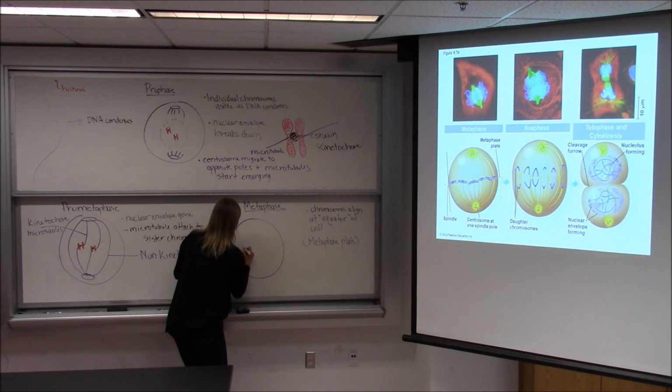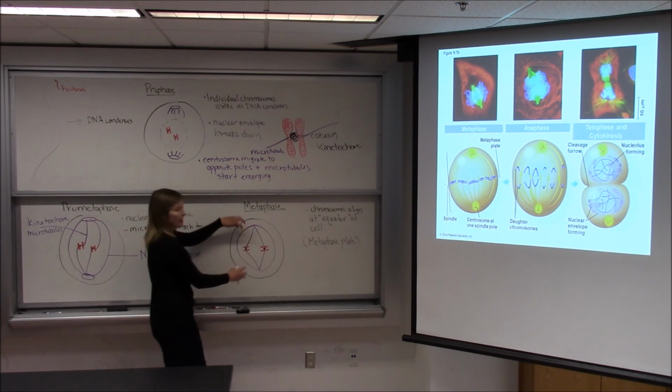So now we have the sister chromatids aligned in a very specific way. Each sister chromatid is facing an opposite pole because they've been pulled. Kinetochores. Each kinetochore must be connected to a microtubule from an opposite pole. And then we have the non-kinetochore microtubules.